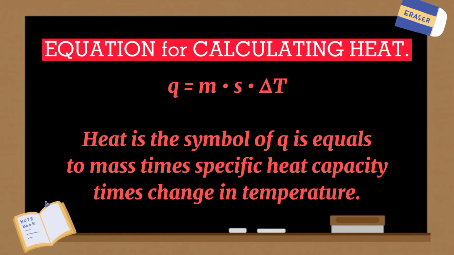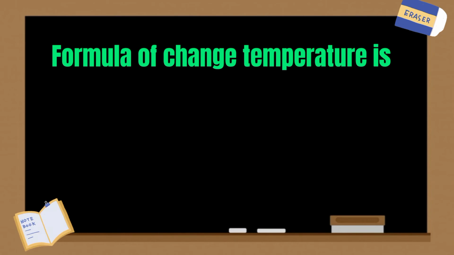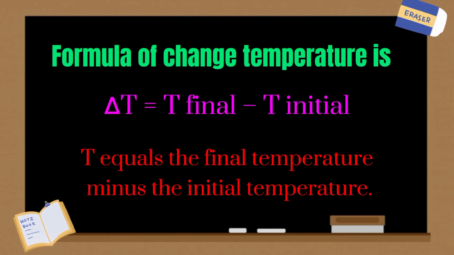The formula for calculating the change of temperature is delta T equals T final minus T initial. T final represents the final temperature, while T initial represents the initial temperature.